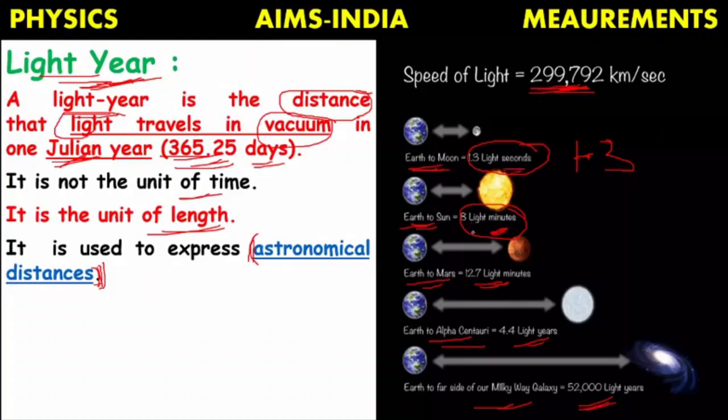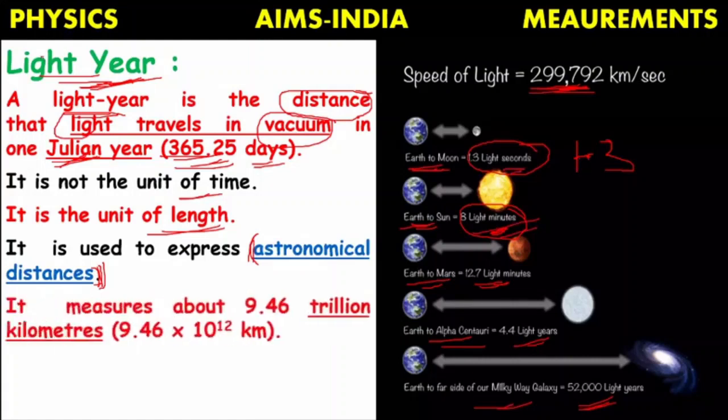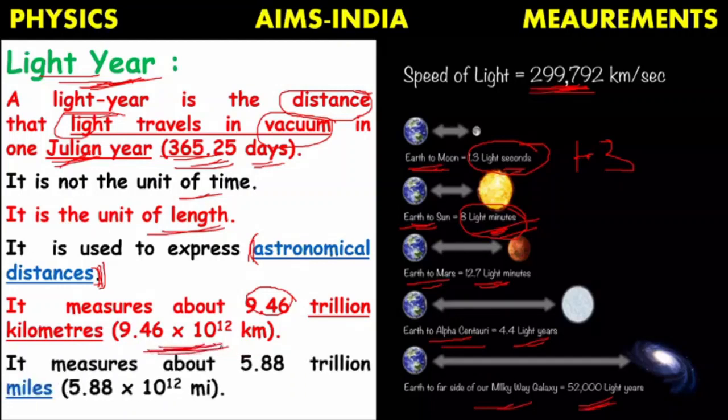The light second and light minute can be derived from the light year. 1 light year is approximately 9.46 trillion kilometers, or 9.46 into 10 power 12 kilometers, or in terms of miles, 5.88 trillion miles. So light year is a practical unit used for measuring astronomical distances.